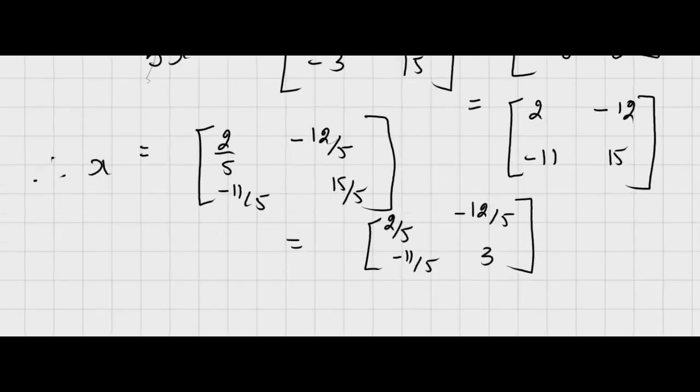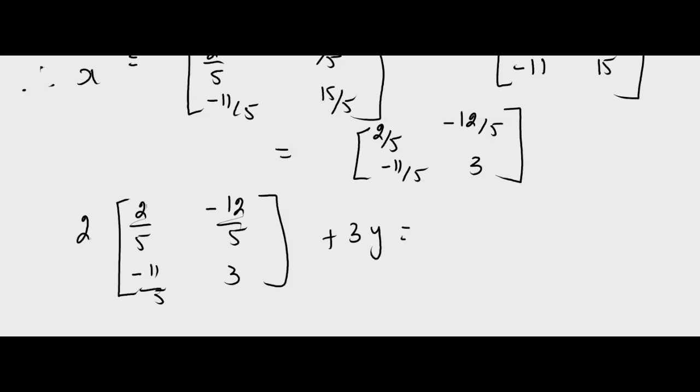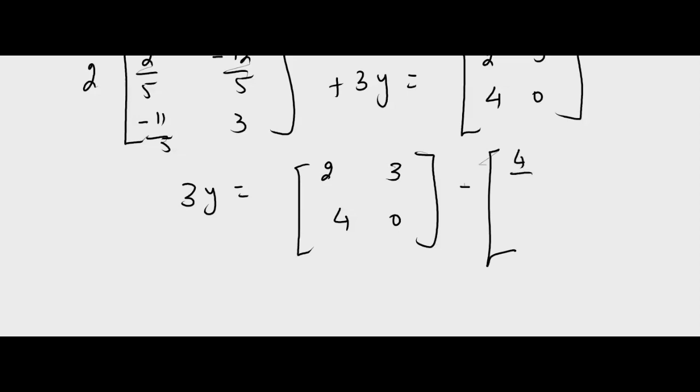Now substituting this value of x in equation 1, we would get 2 times [2/5 -12/5; -11/5 3] plus 3y is equal to [2 3; 4 0], or 3y is equal to [2 3; 4 0] minus [4/5 -24/5; -22/5 6].